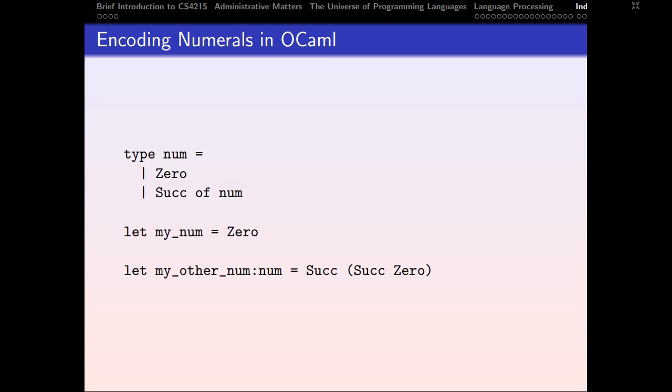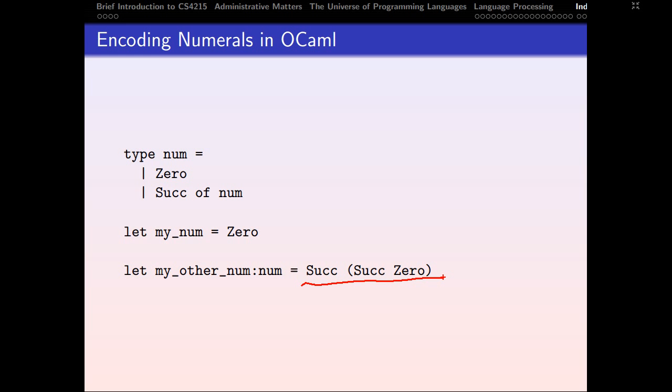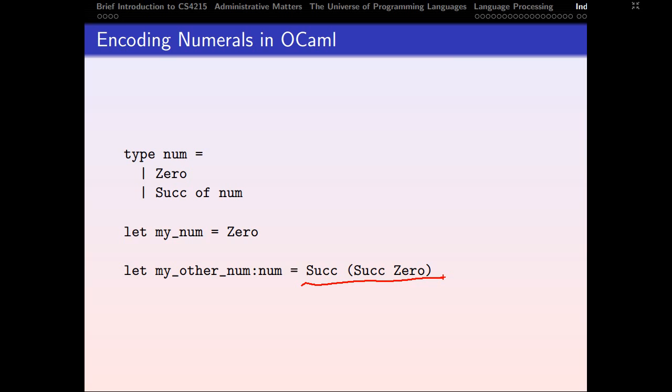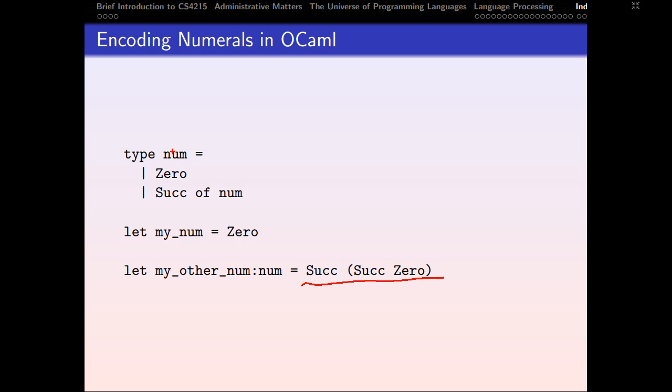And we want to be able to create constructions like this. We want to mimic the numerals, even though we're not going to use them in practice, but just as an exercise. And what gives us the ability to do so is the definition of a type. This type here will be the set of all such constructions.